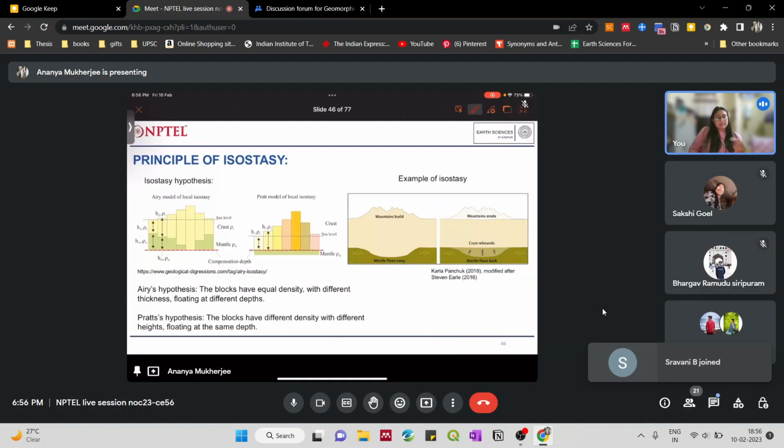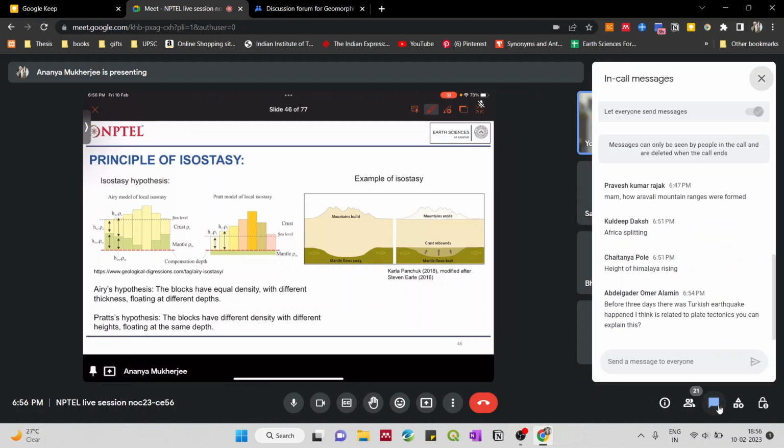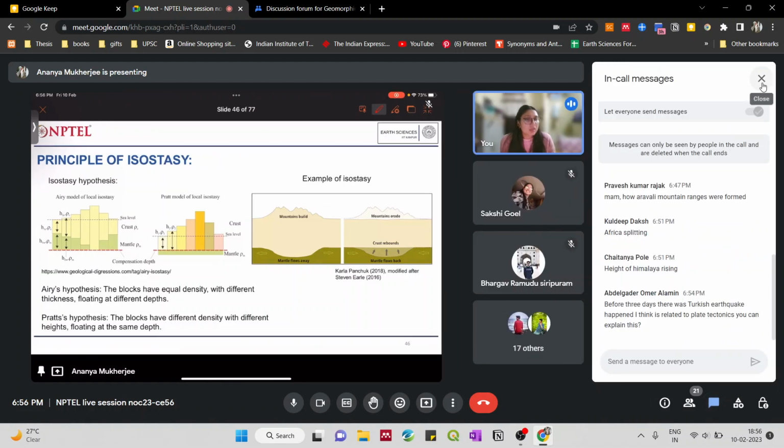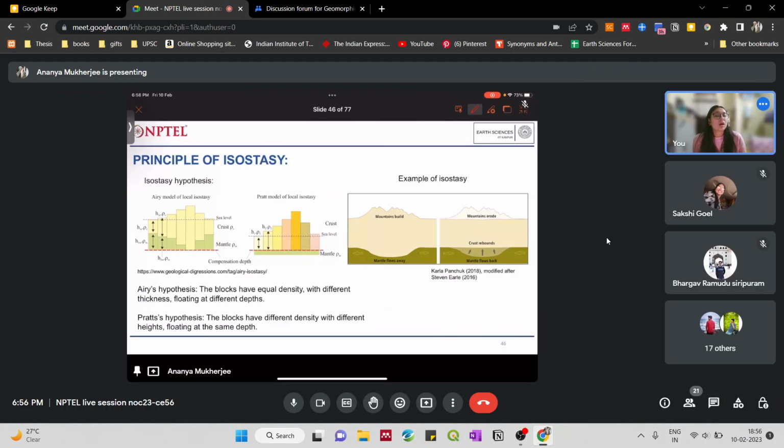One of the most evident examples is the Himalayas. So how did the Himalayas come into place? As I said before, the Himalayas are rising.